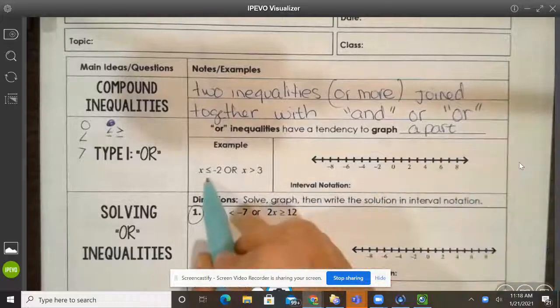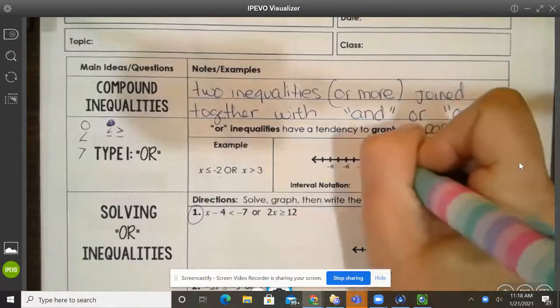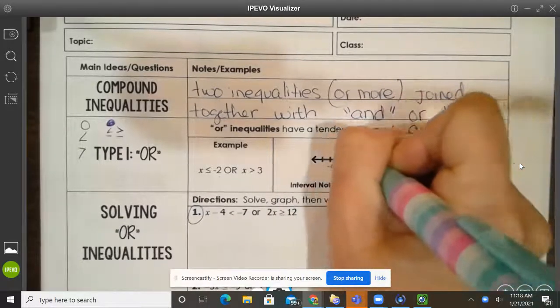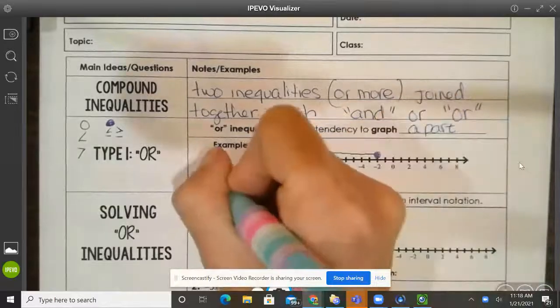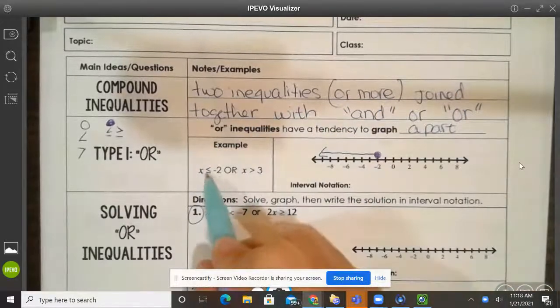All right, so how do we graph this? This is x is less than or equal to -2. That's going to be a closed circle, so let's graph it on top of that one here. And this one goes this way, right? It's all the numbers less than that number right here.